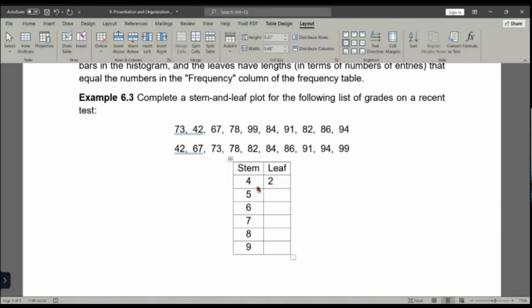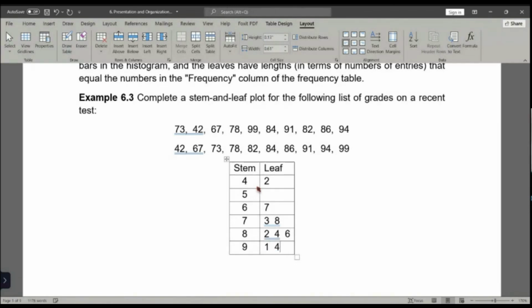60s, we have 67, we have 73, we have 78, 82, 84, 86, we have 91, 94, and then 99.